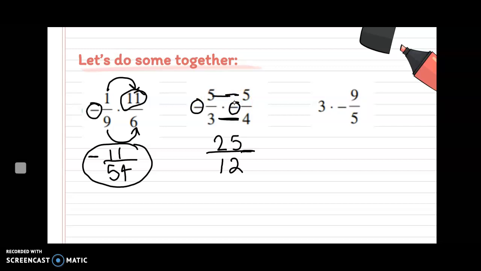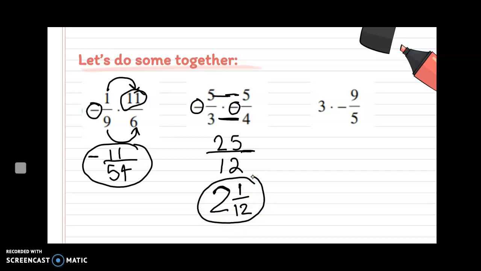This can be reduced. We don't want to leave it as an improper fraction. So how many times can 12 go into 25? That would be 2. And we have 1/12 left over, and it's positive. So this is our simplified answer.